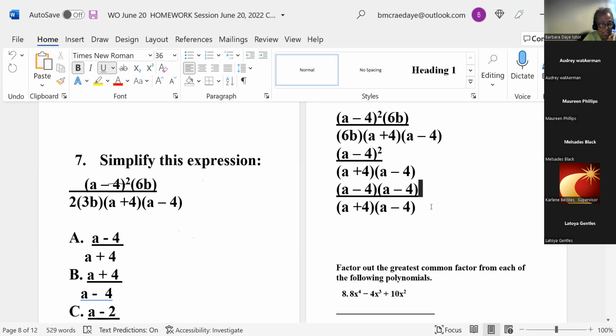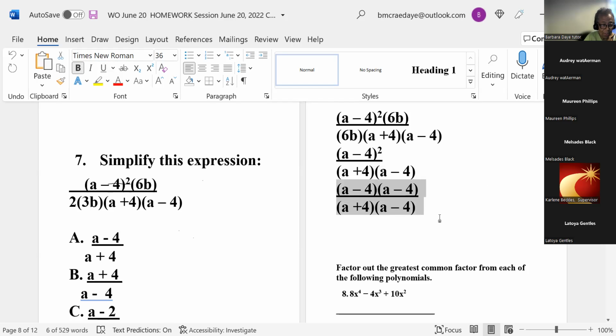Now, what do you see in common, Mercedes, with the numerator and denominator? With the original denominator of a positive 4, top and bottom, you see a minus 4 here and a minus 4 here, right? So what would be your final answer?